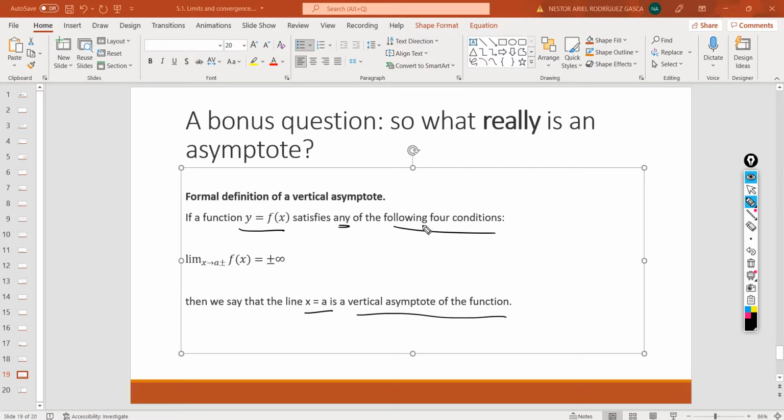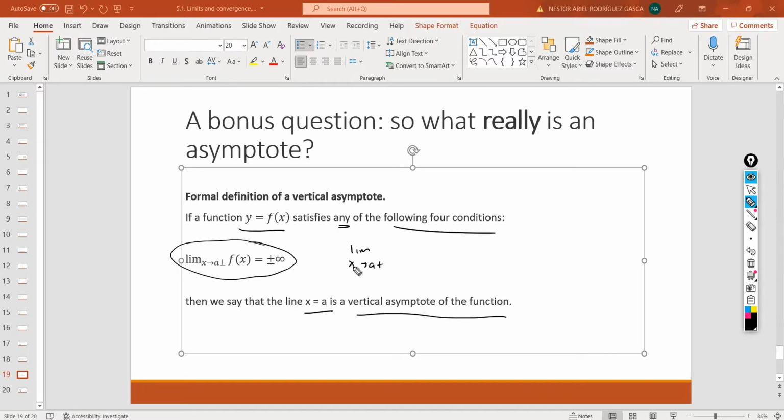Why do I say that there are four conditions contained in here? Well, you must consider all the cases. Plus and plus, that's one case. Plus and minus, and then minus and plus, and minus and minus. So in this very economical symbol, you are basically putting all of these cases.